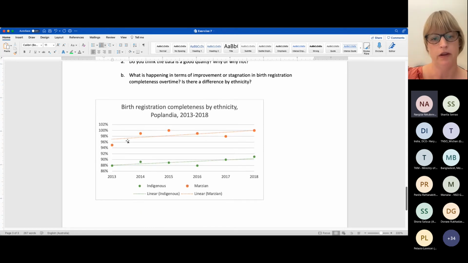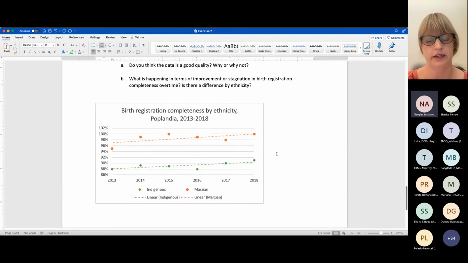If we look at this graph, here are your Marzians over time, and here are your Indigenous over time. Do we think that the data is of good quality? Why or why not? And the other question we want to know: what is happening in terms of improving registration for either population? Is there improvement going on, or does some more work need to be done?